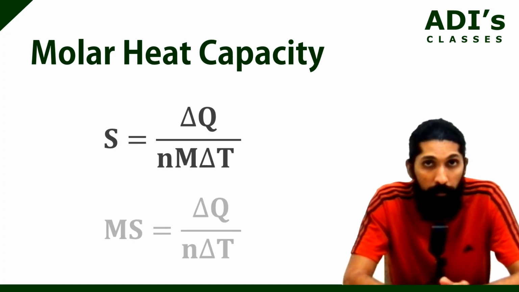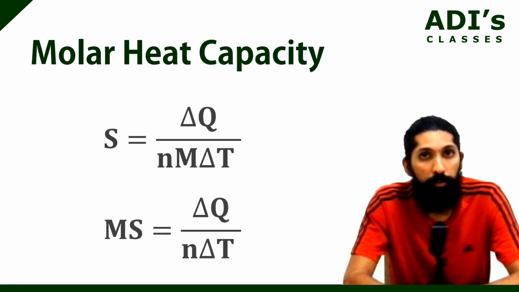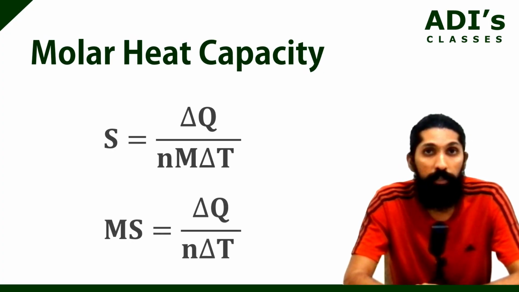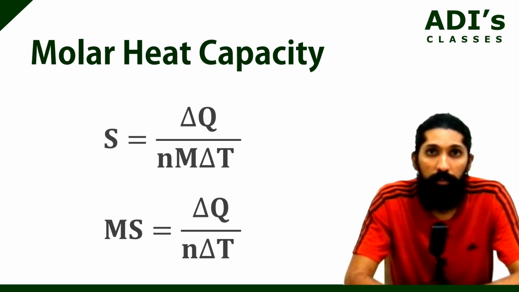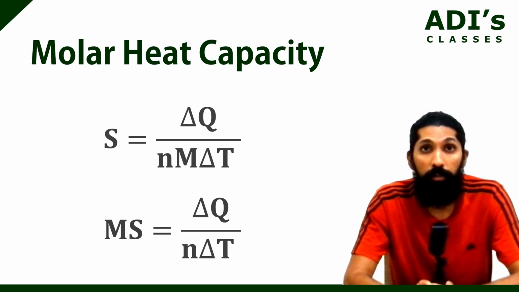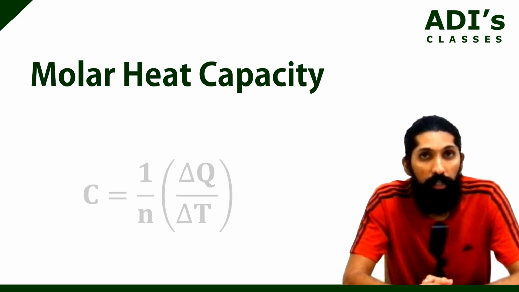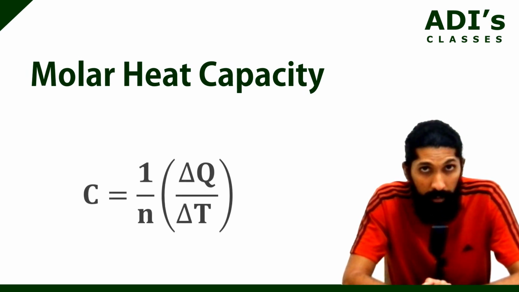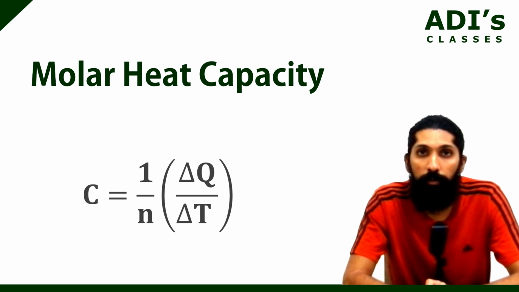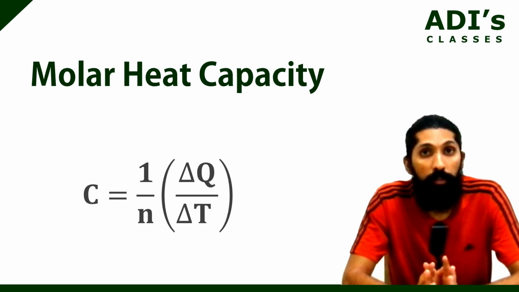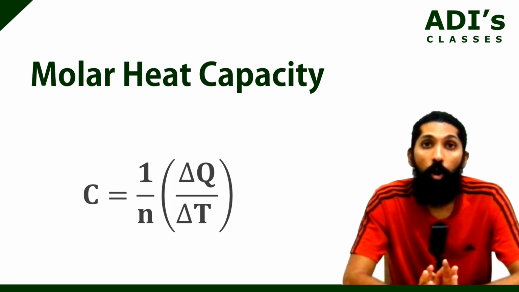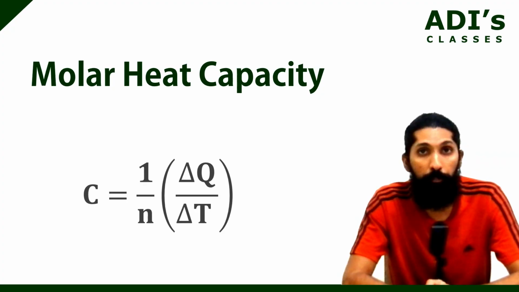So, you get M S is equal to delta Q divided by N into delta T. So, what is M S? That's the value of C, the molar heat capacity. So, we get C is equal to 1 by N into delta Q divided by delta T. This is the formula for molar heat capacity.